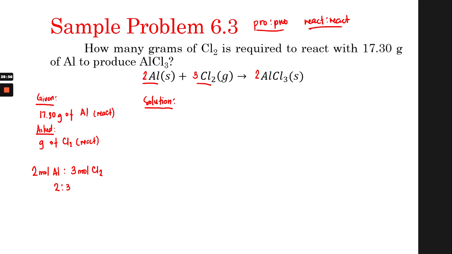So how can we find the grams of Cl2? Well, again, you have to start with what was given to you, which is 17.30 grams of aluminum.